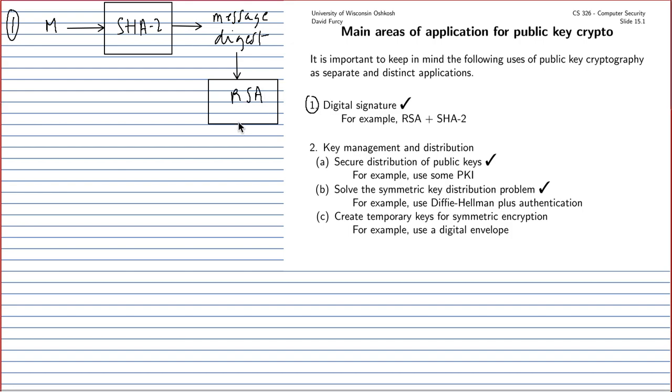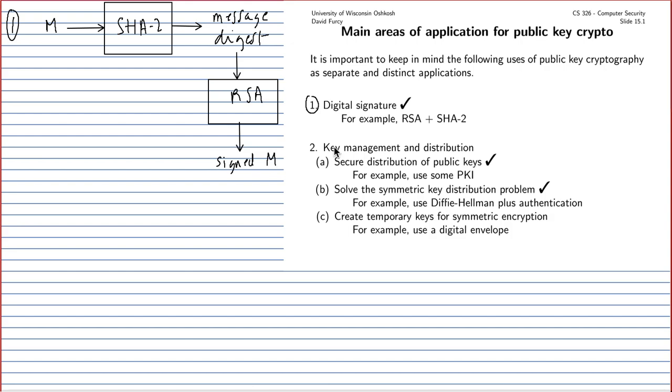And this then is going to produce a signed copy of the message. So that was what we discussed at the time of our digital signature presentation.